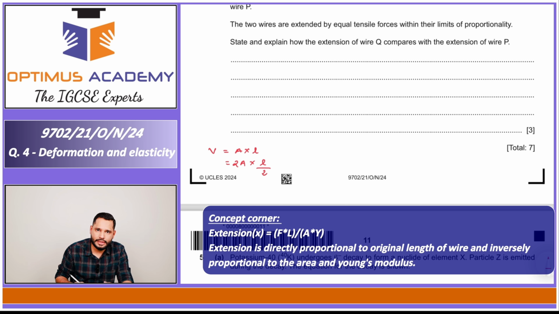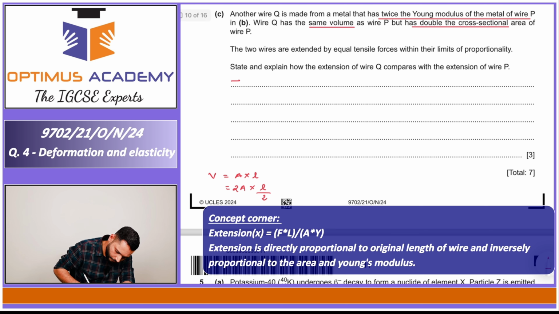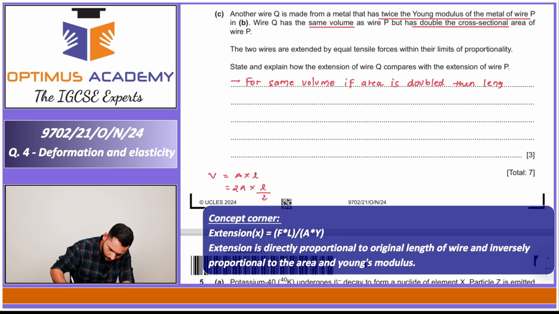So if area is doubled, to keep volume the same, the length must be halved. So the first point would be, for the same volume, if area is doubled, then length is halved.